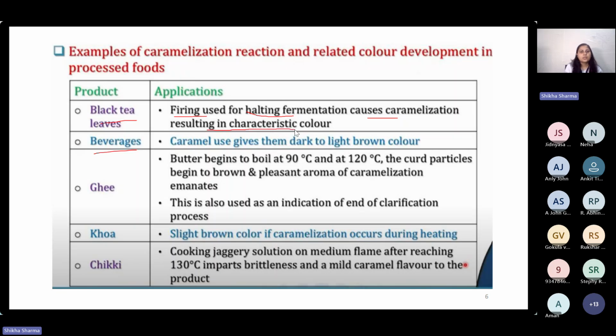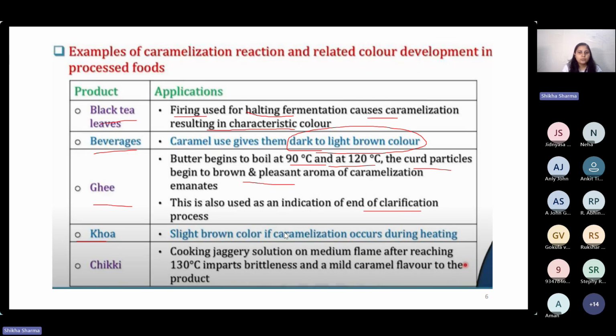In beverages, caramel is used, and it will give a dark to little brown color. In ghee, when butter is boiled up to 90 or 120 degrees Celsius, the particles become brown and give some kind of caramel aroma. Then we finally clarify the ghee.